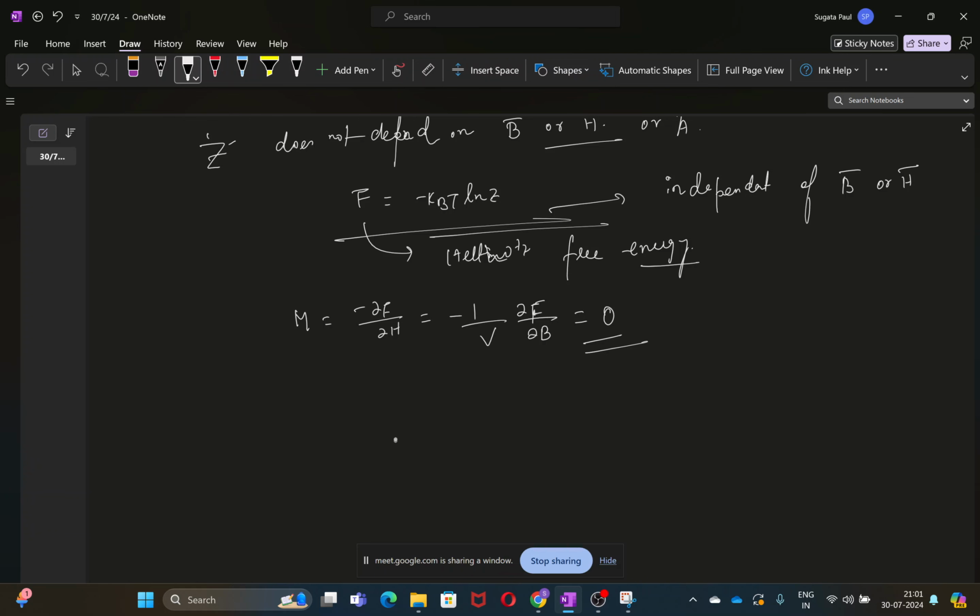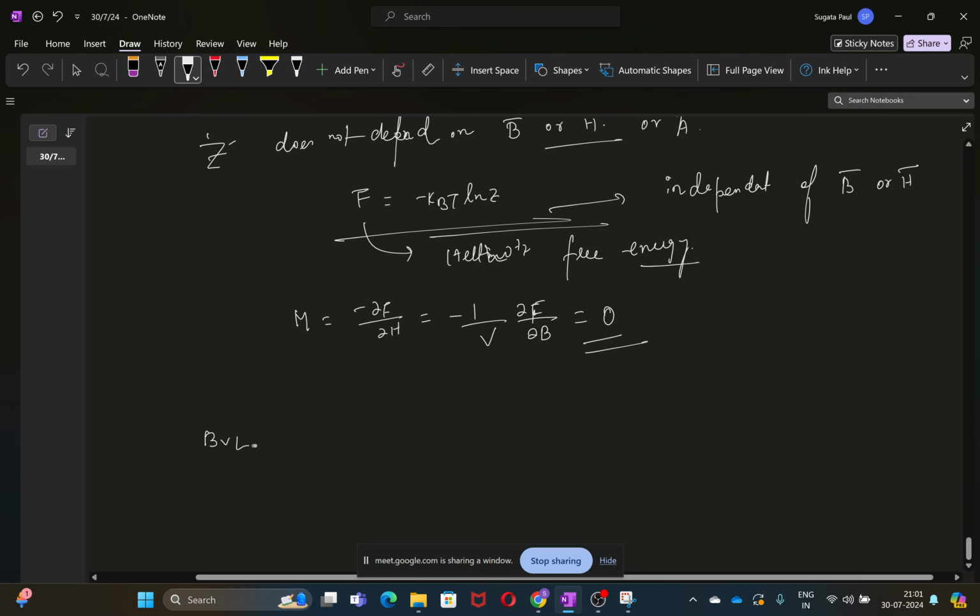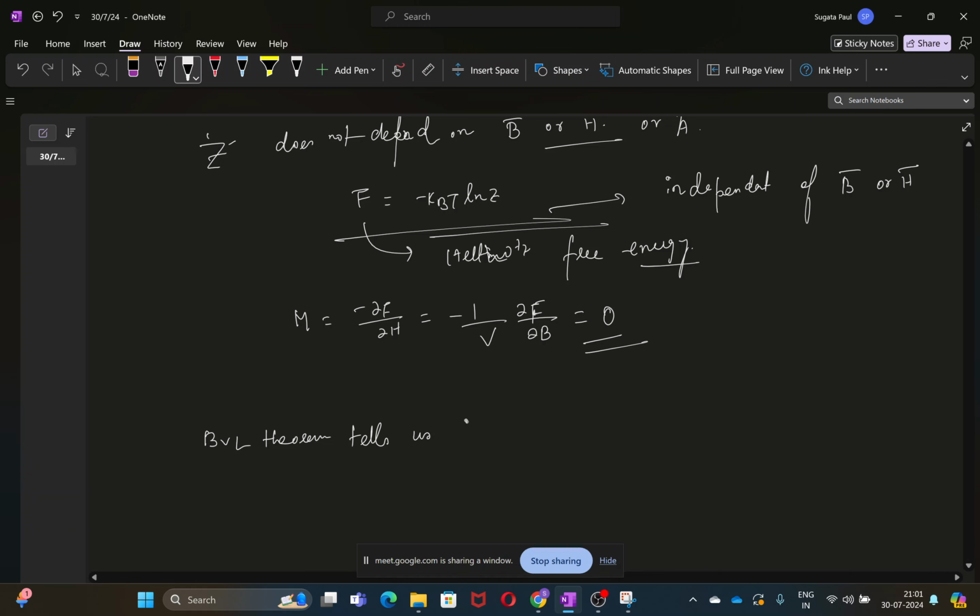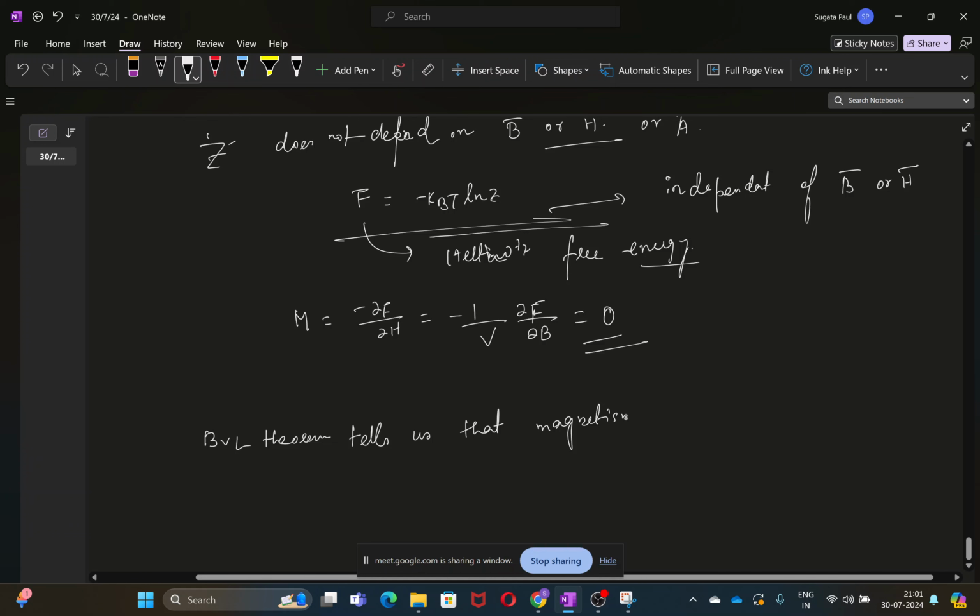So basically the Bohr-van Leeuwen theorem tells us that magnetism is not a classical phenomenon.